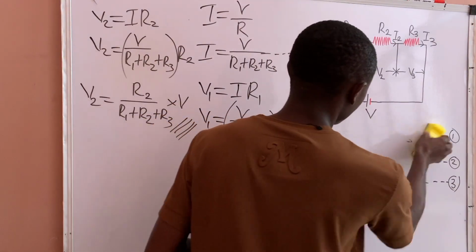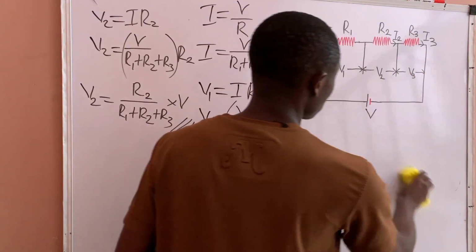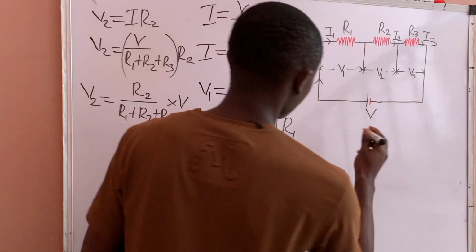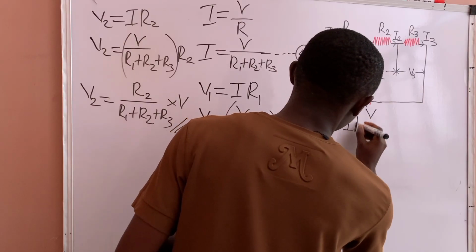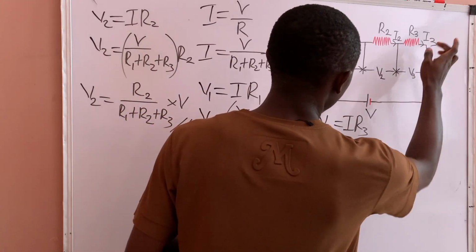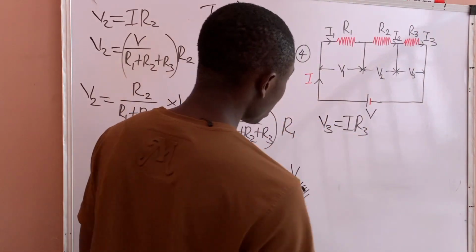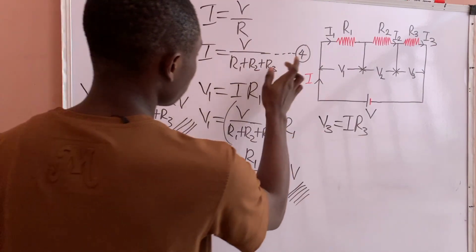For the third one, which is V3, with respect to Ohm's law, V3 will be equal to I R3. Now we know that I equals V over R1 plus R2 plus R3.